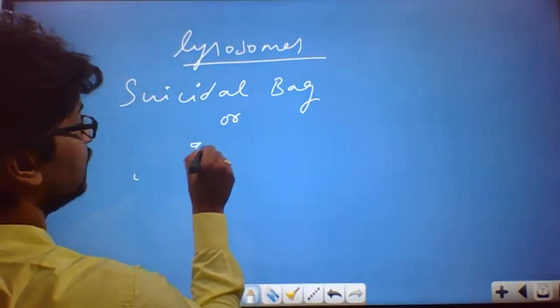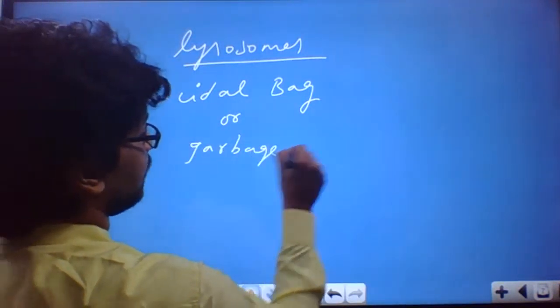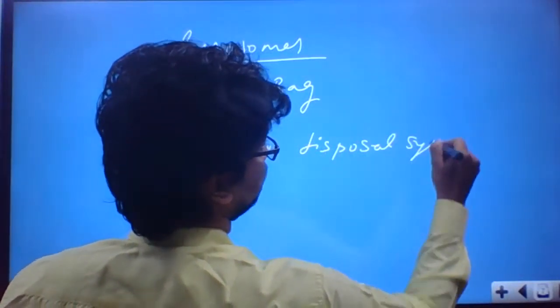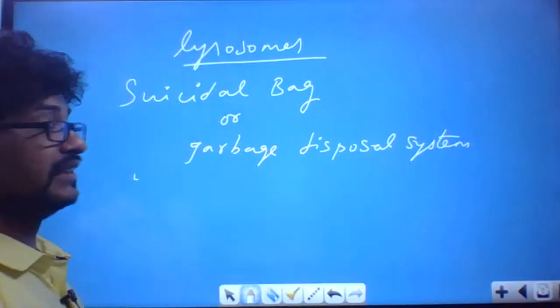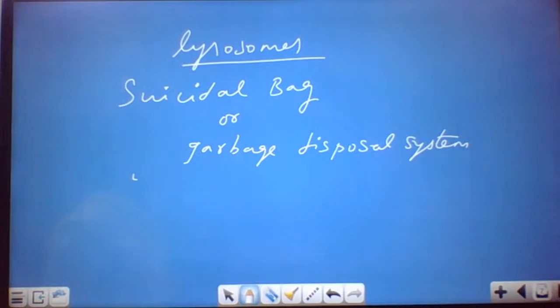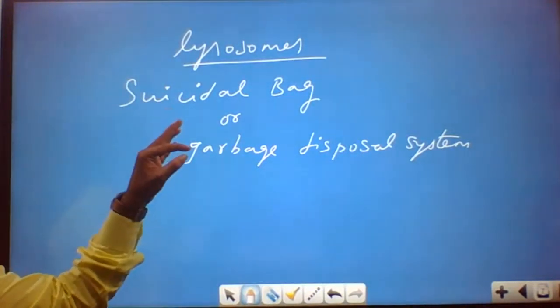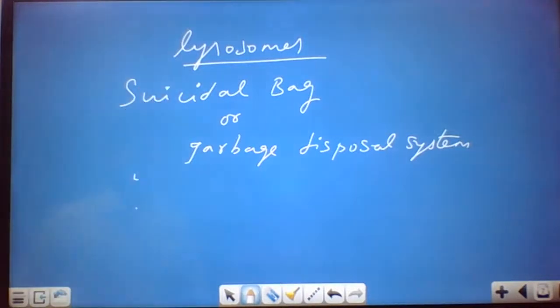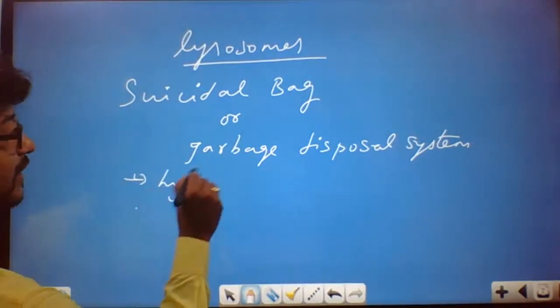The common name that we give is garbage disposal. When they say garbage disposal system, they are talking only about the suicidal bags, that is lysosomes. Clear?